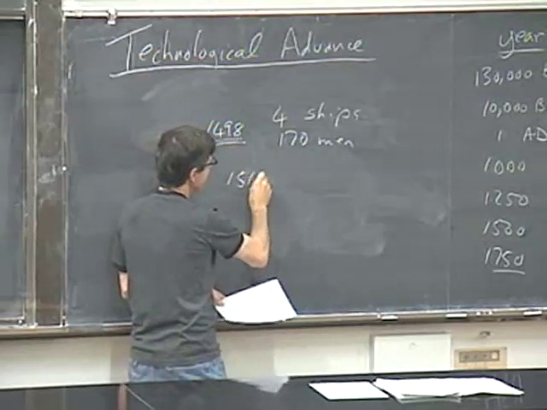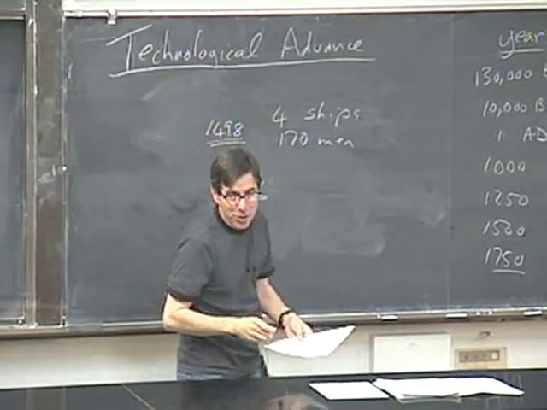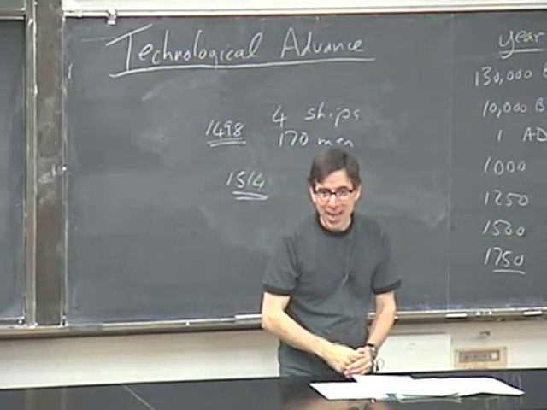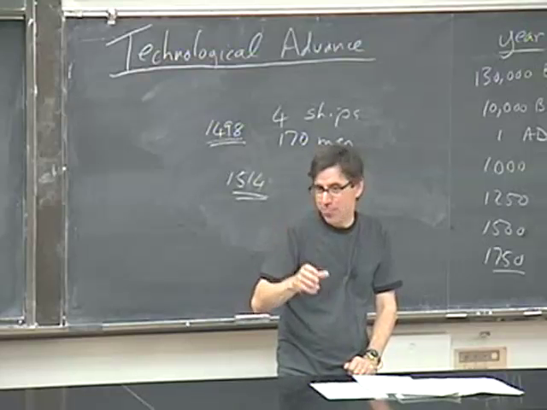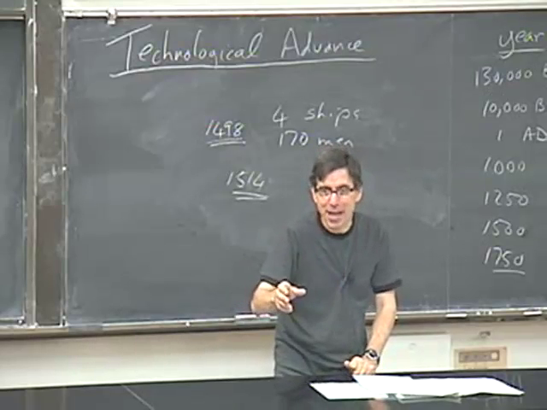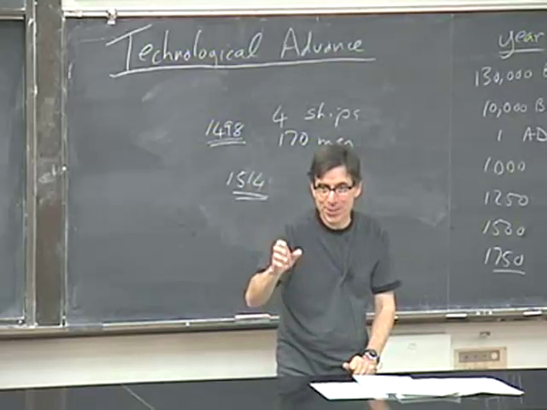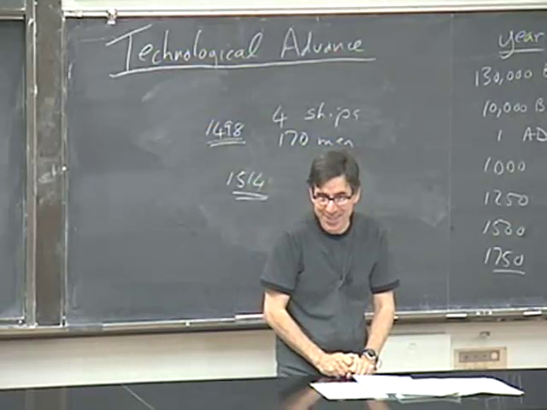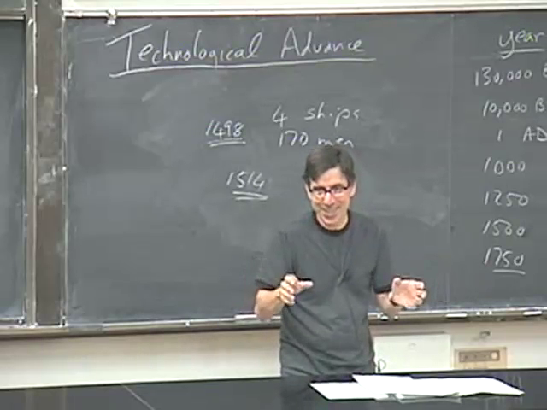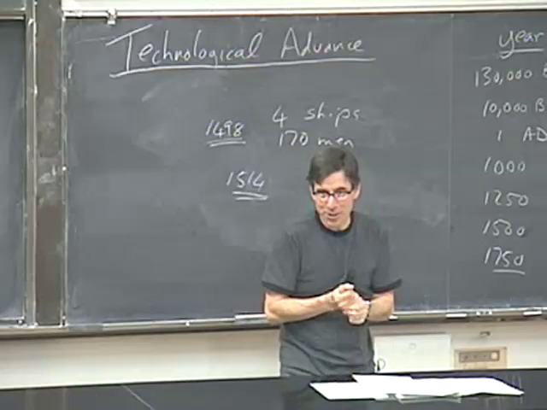But by 1514, the Portuguese had also managed to sail all the way to China. And by then, they brought technology such as mechanical clocks and firearms that the Chinese found marvelous and unexpected.